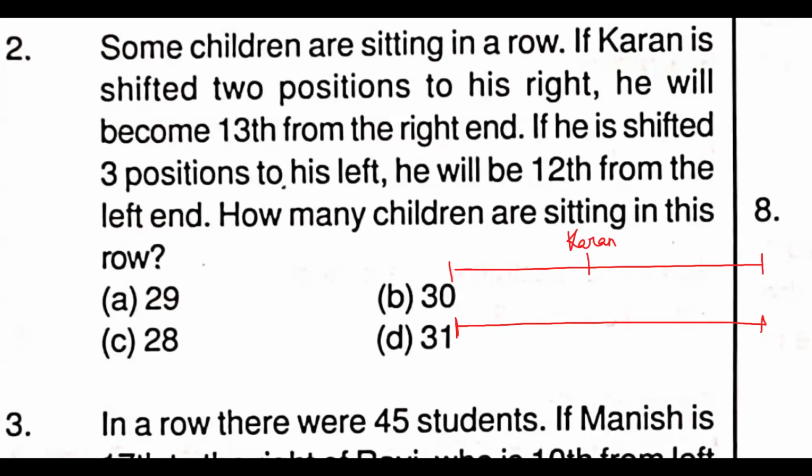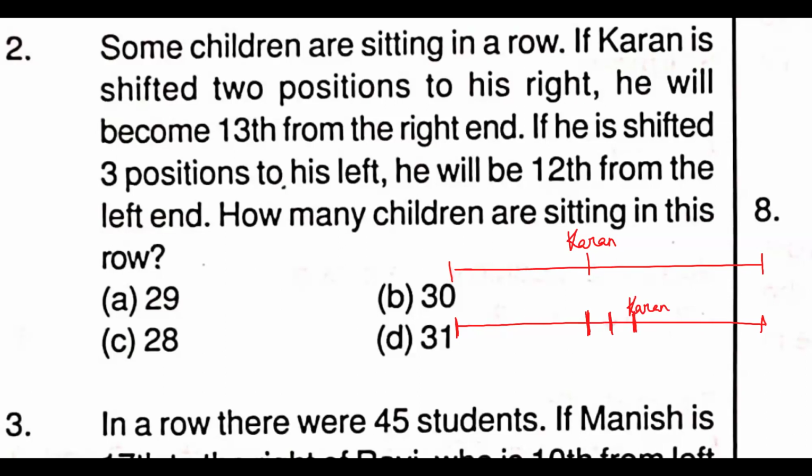Now the question is that if Karan is shifted 2 positions to his right. So earlier, Karan was here. If he shifted 2 positions to his right, that means 1 position and 2 positions. Now if Karan is shifted 2 positions towards his right, he will become 13th from the right end.